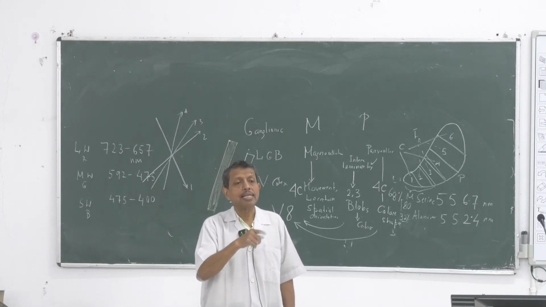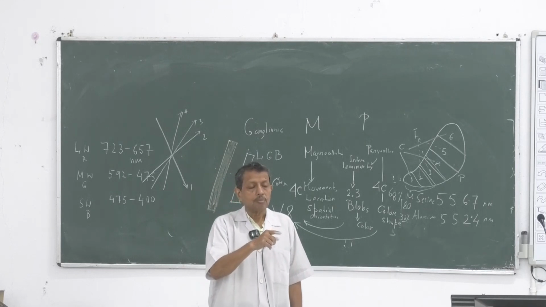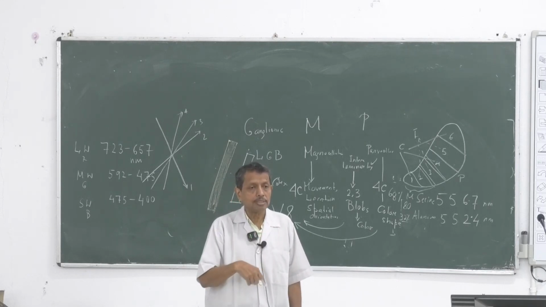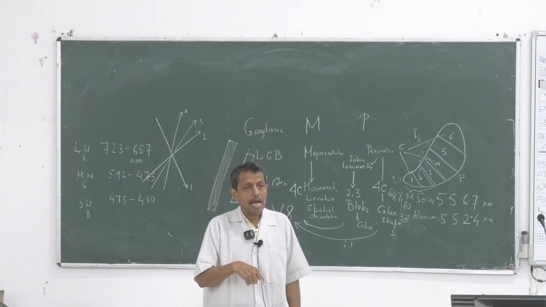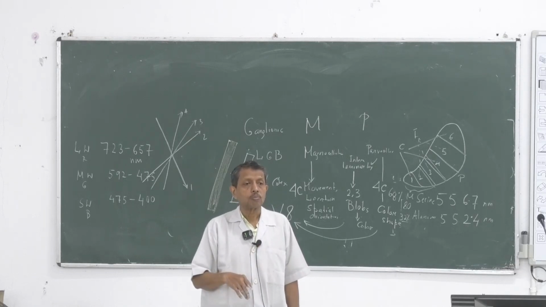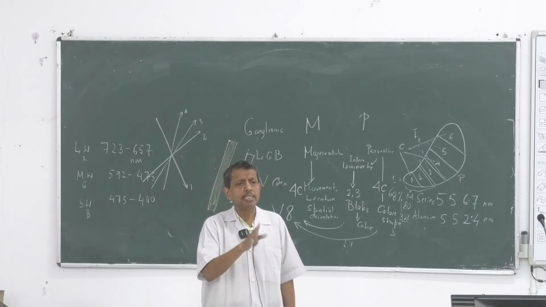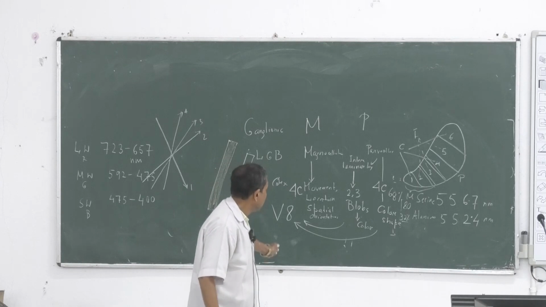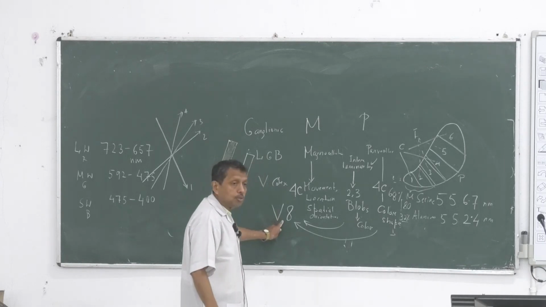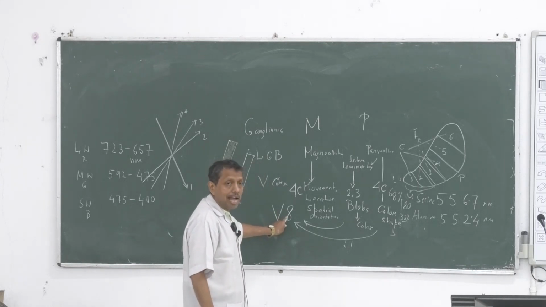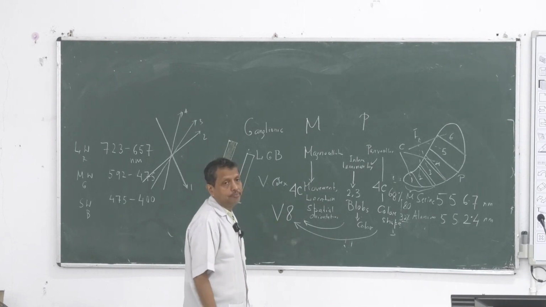They have an effect on phosphodiesterase, and temporary color blindness may be produced. Chromatopsia. Other drugs or some diseases that affect V8 can produce some diseases related to achromatopsia.